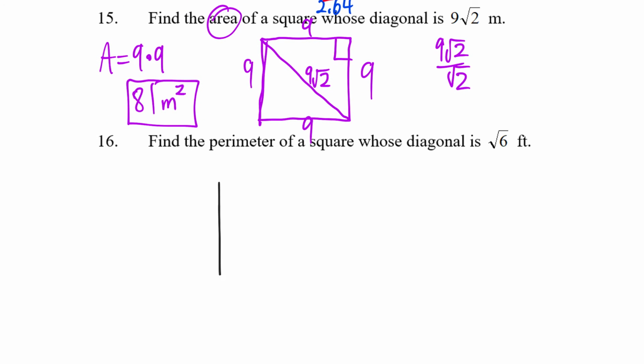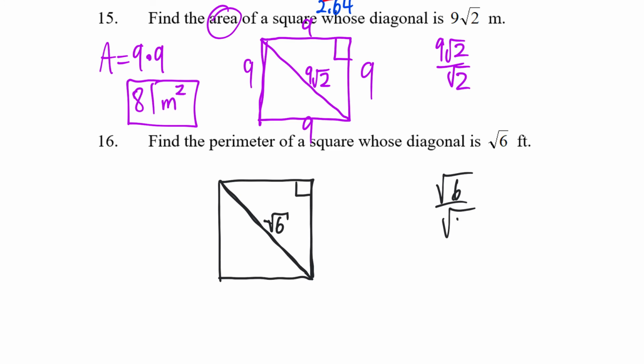Okay, now number 16. Find the perimeter of a square whose diagonal is square root of 6. So the diagonal is square root of 6. To find this side over here, we're going to divide by the square root of 2. So square root of 6 divided by square root of 2 is what? Yep, 1.73.